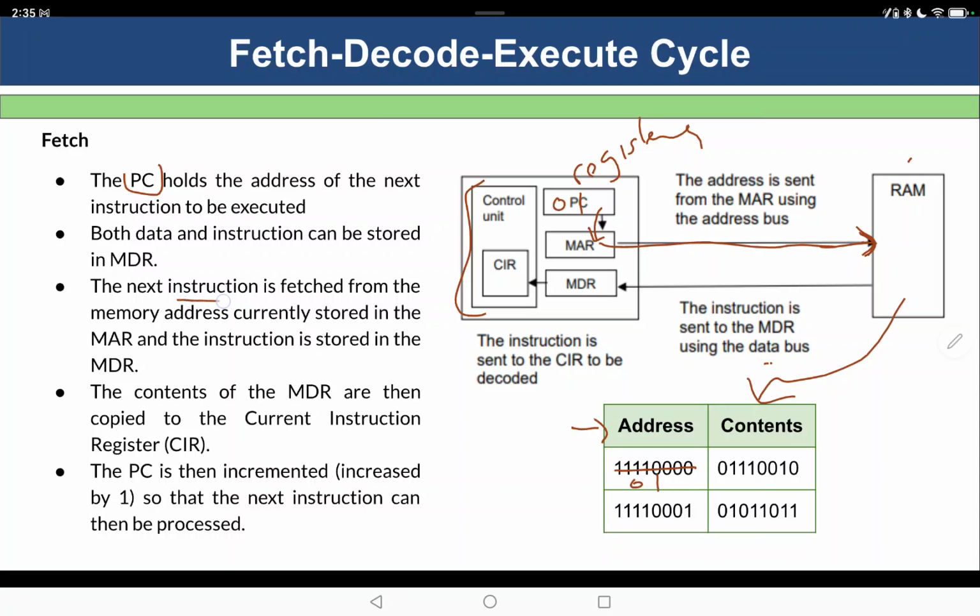So basically the next instruction is fetched from the memory address currently stored in the MAR, and the instruction is stored in the MDR. So the instruction or data is sent to the MDR. This content is now being sent to the MDR using the data bus.